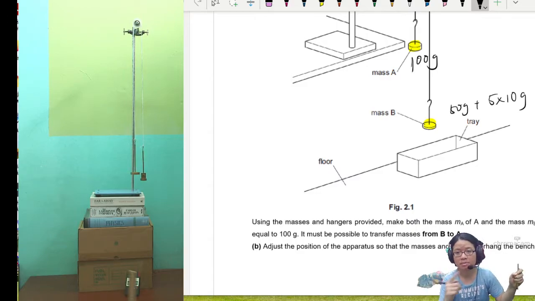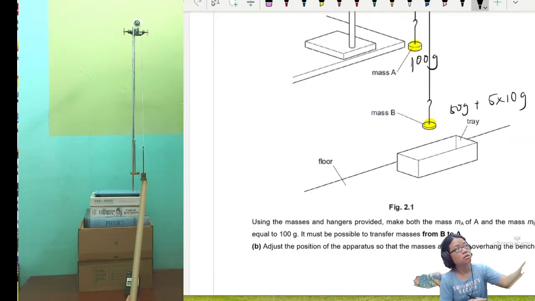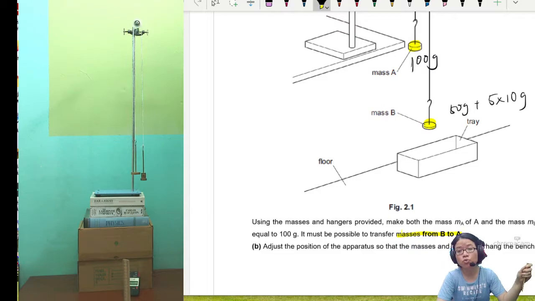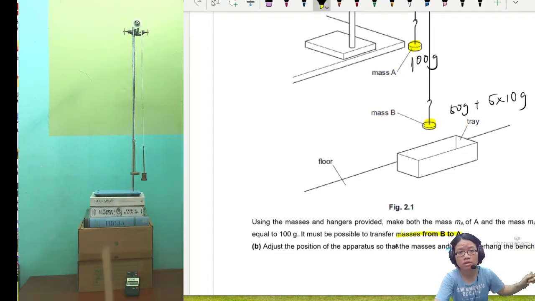So this 10 gram is something that I can change around. And the reason why, so you can see this one here, it looks like a long stack, is because I want to be able to transfer masses from B to A. I want to take some of the 10 gram here, this 10 gram, and transfer this from B to A.